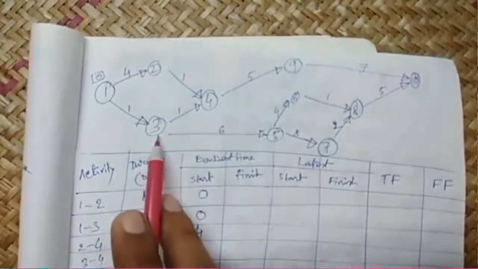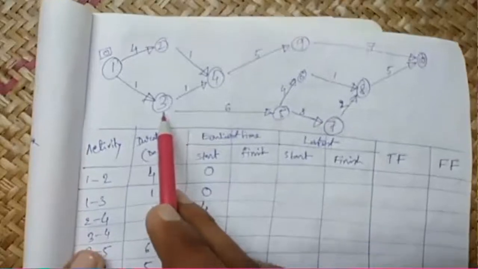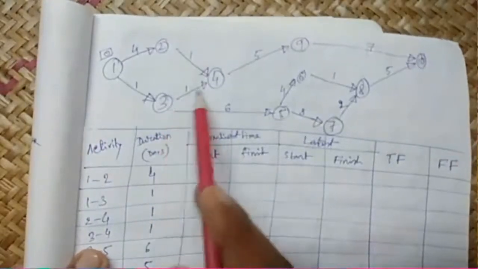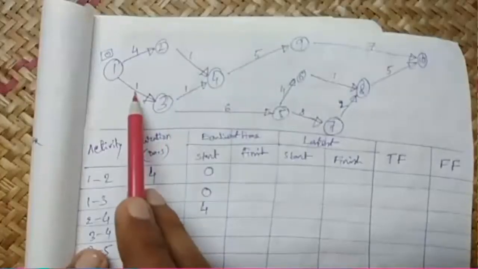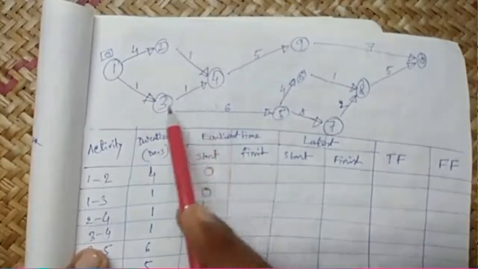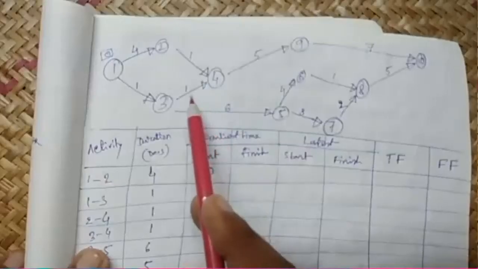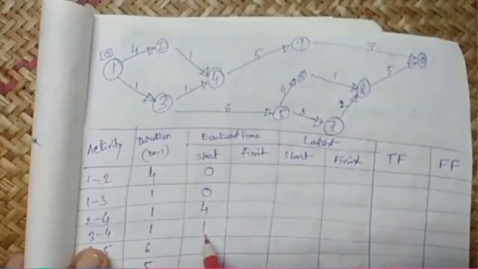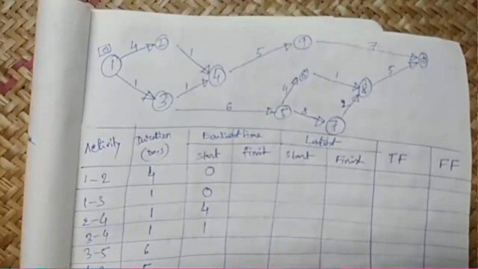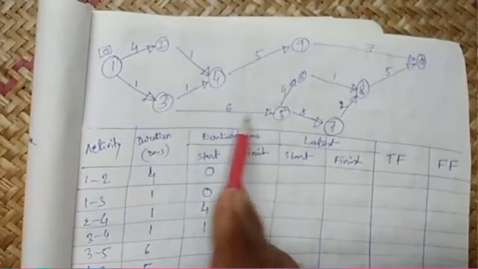Similarly, look in the diagram, this 3 4 cannot be started until activity 1 3 gets completed. So 1 3 completes, it takes 1 day. So this 3 4 may start, the earliest time is after 1 day. That's why we will write the start as 1 day. Now if we look at 3 5, same case.